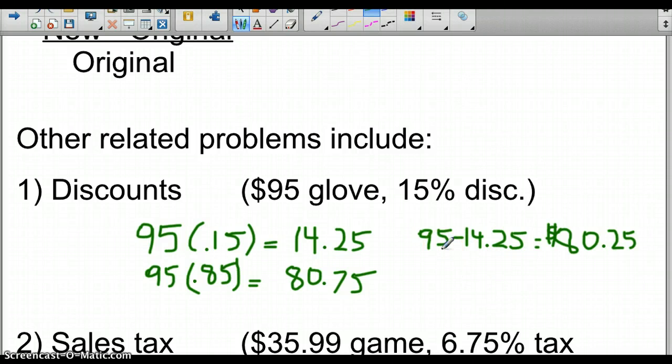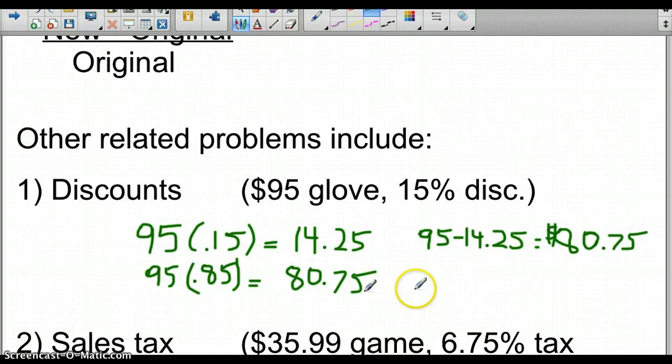When I subtracted 95 minus 14.25, I wrote down $80.25. What that should be is $80.75. And hopefully you guys would have corrected me on that quickly. I'm sure in class you would have, and maybe some of you would have told me about the video as well. Hopefully you would. But anyway, here we are then.